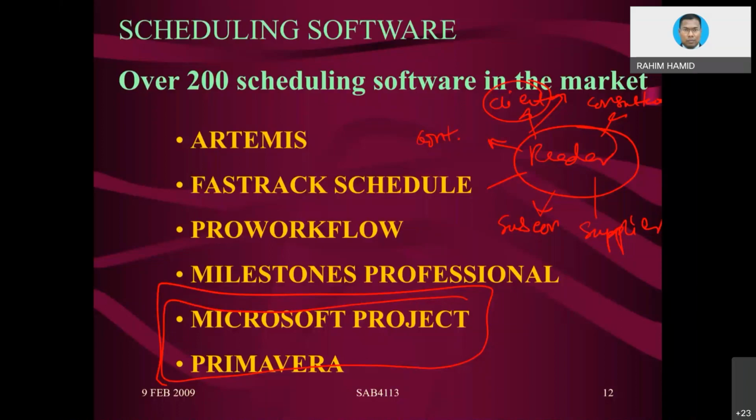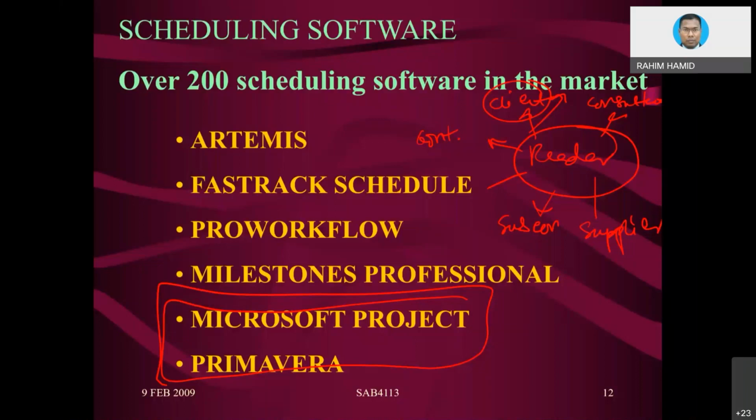You can imagine why it is more expensive, because of the many more features, and it is quite difficult to develop anyway. But at least if you learn Microsoft Project, that will be good enough. I tell you, more than sufficient.